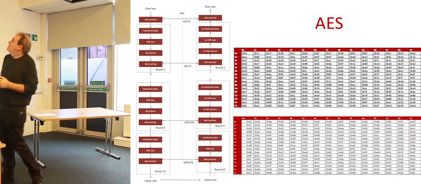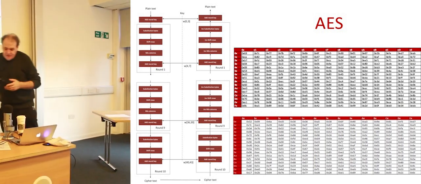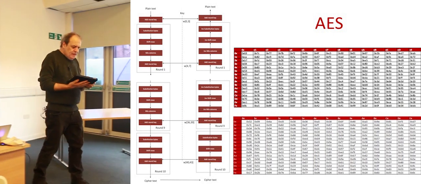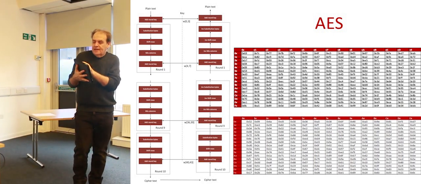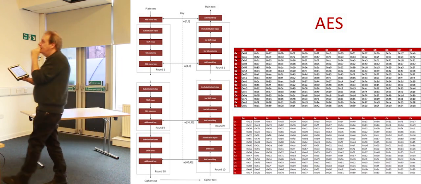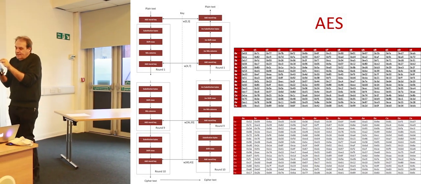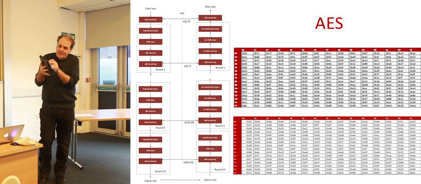So one of the most important methods is the AES method. AES uses a concept called an S-box. An S-box takes the bytes that we produce and puts them into a table here.